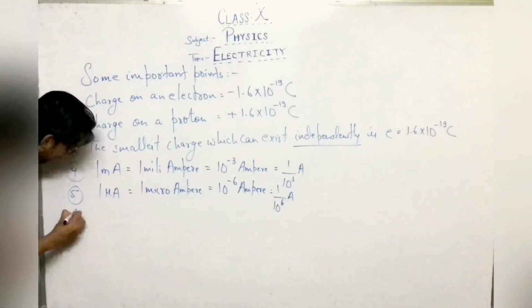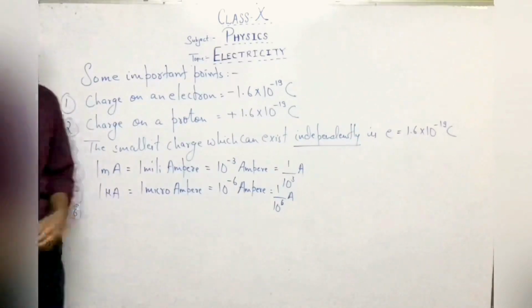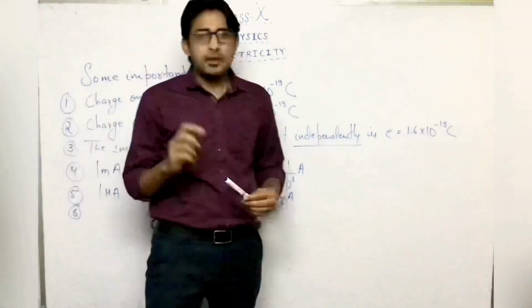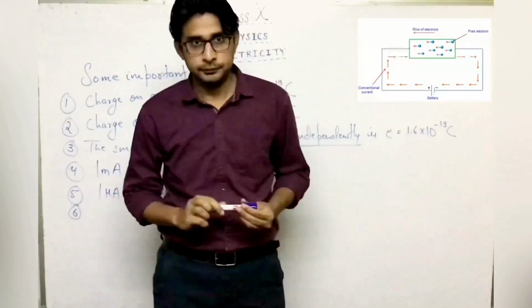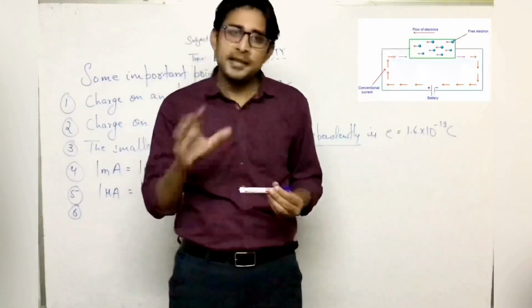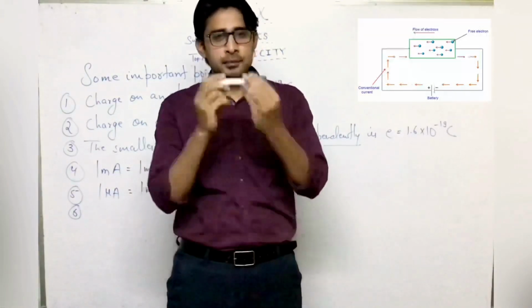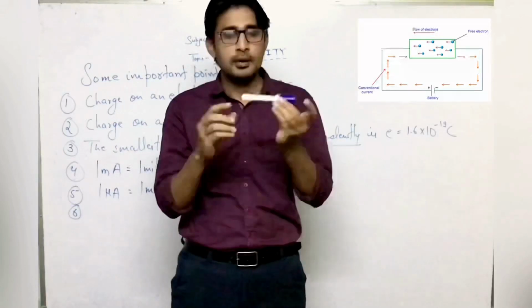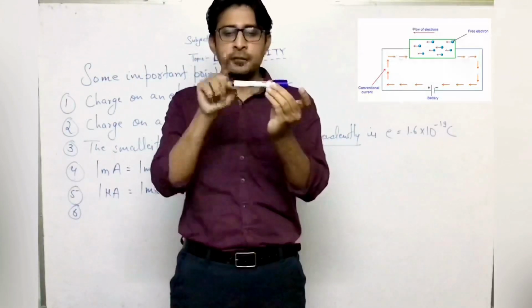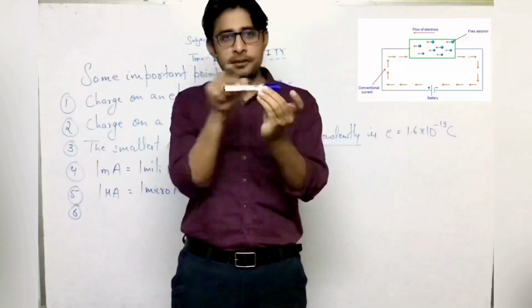Now the last point to remember is, you know, in solids, current flows due to the flow of electrons. But what is the direction of current? Suppose this is a solid. It is connected to cell. Now in this solid, electrons are flowing from this point to this point.